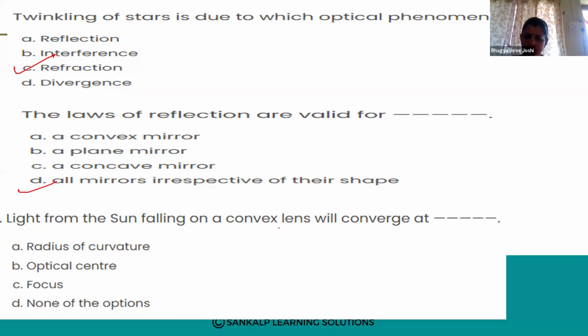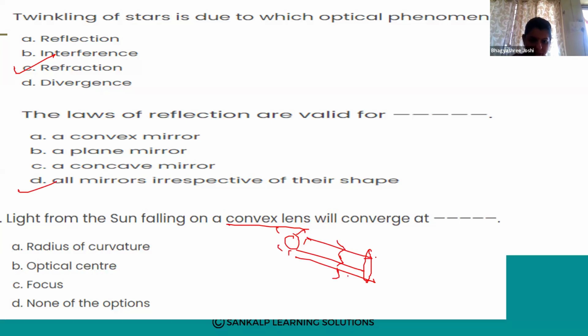Light from the sun falling on a convex lens will converge at, so here the sun is there and the light is coming like this.